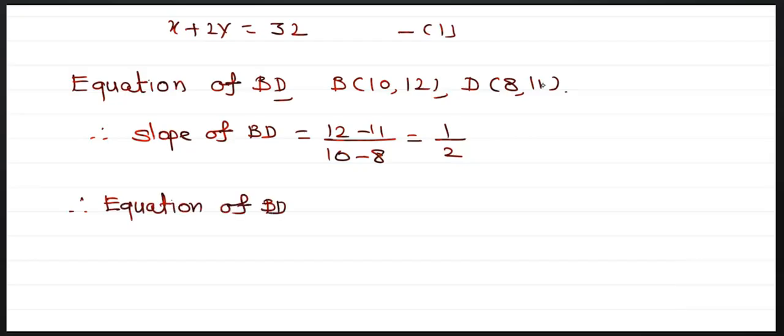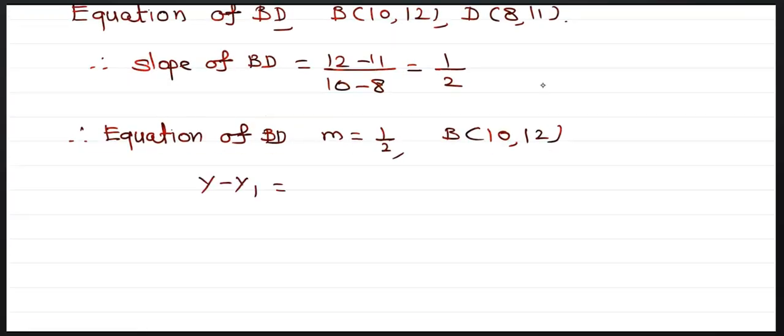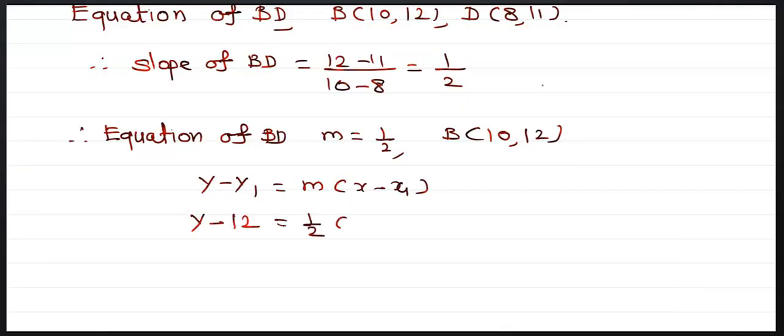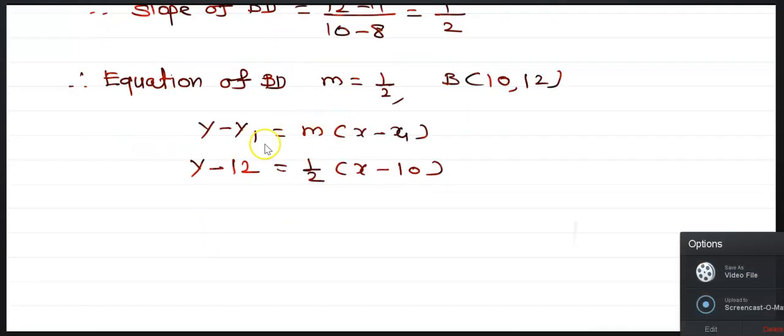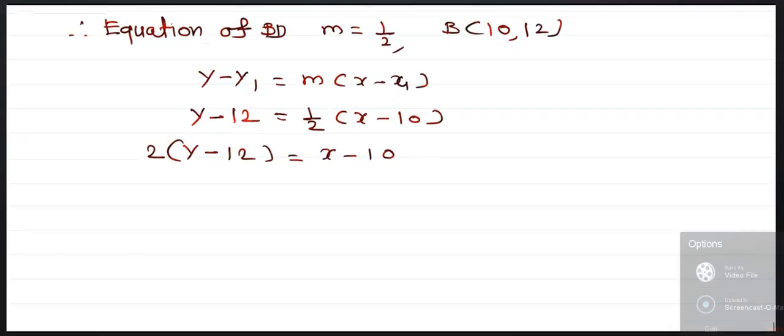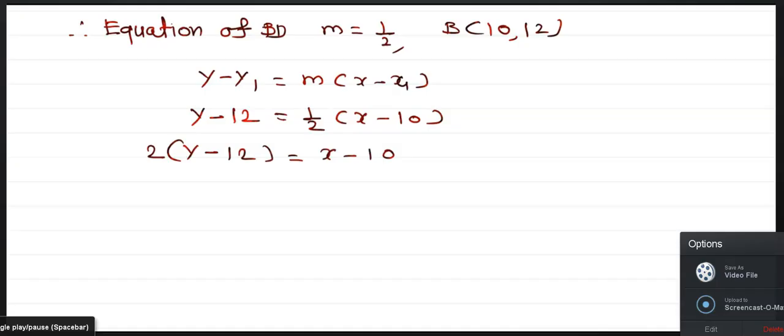Equation of BD, where m is equal to 1 upon 2 and the point is (10, 12). That is y minus y1 is equal to m in bracket x minus x1. Now we will form the equation. That is 2 in bracket y minus 12 is equal to x minus 10.